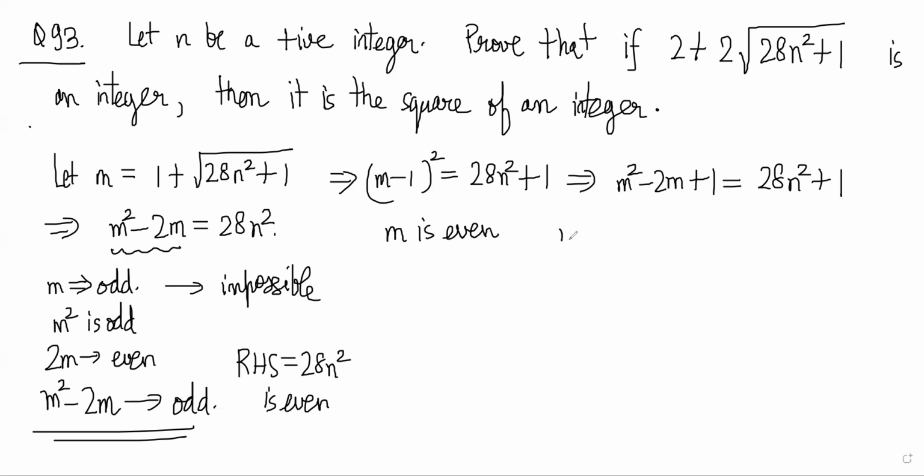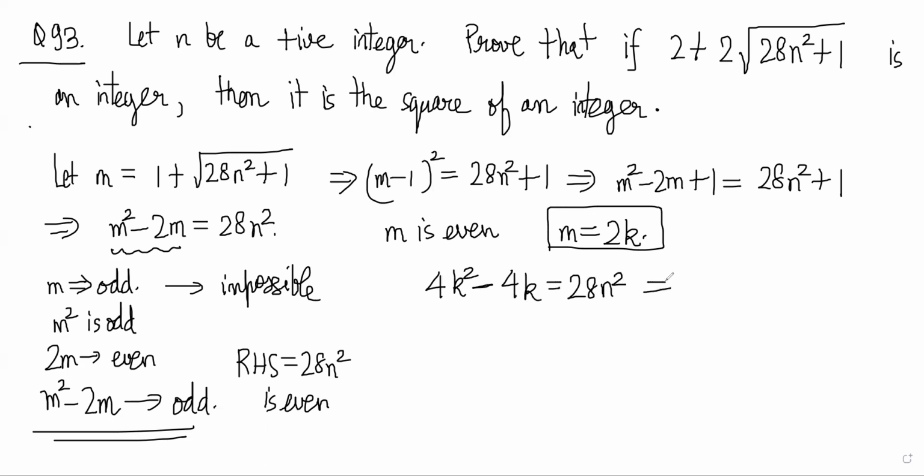So if m is even, m can be written as 2k, and if we put that 2k here, we get 4k square minus 4k is equal to 28n square, which means k square minus k is equal to 7n square. So k into k minus 1 is equal to 7n square.